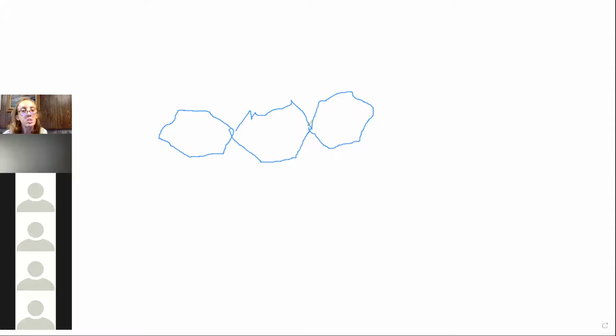So anytime that you see this on a structure, on a plasma membrane, like right here, that's a carbohydrate. It's a sugar.